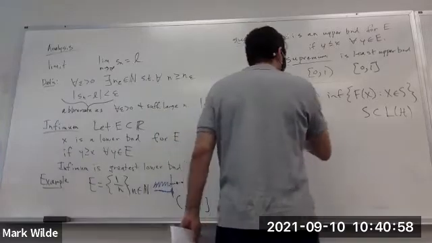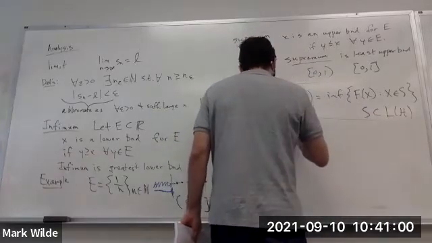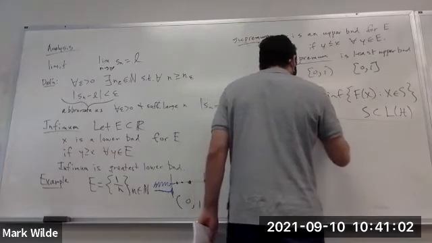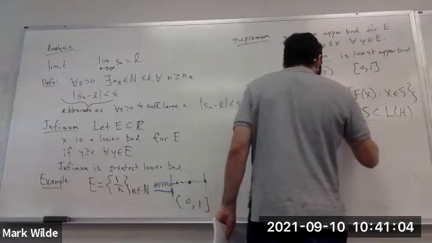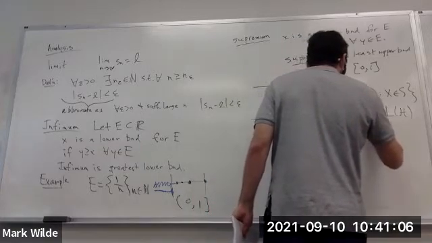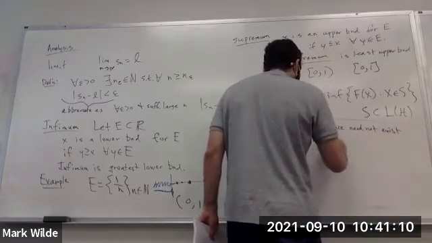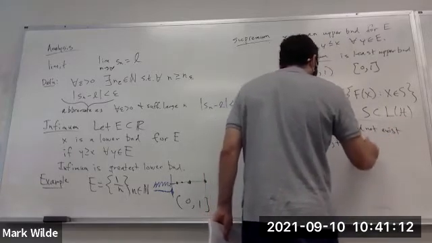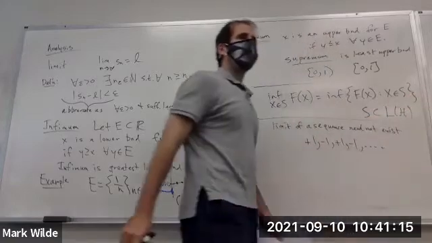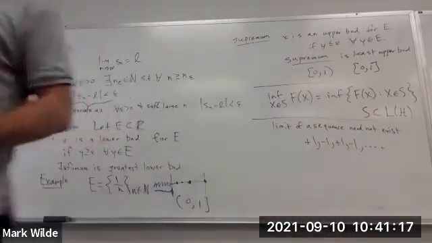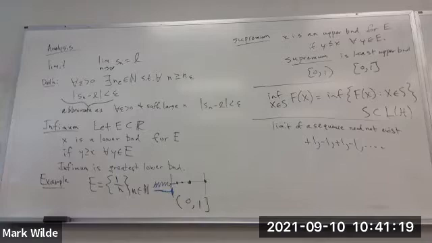Here's an example. Suppose this is your sequence: +1, -1, +1, -1. This goes on and on. The limit doesn't exist, right? But the limit superior and the limit inferior exist.